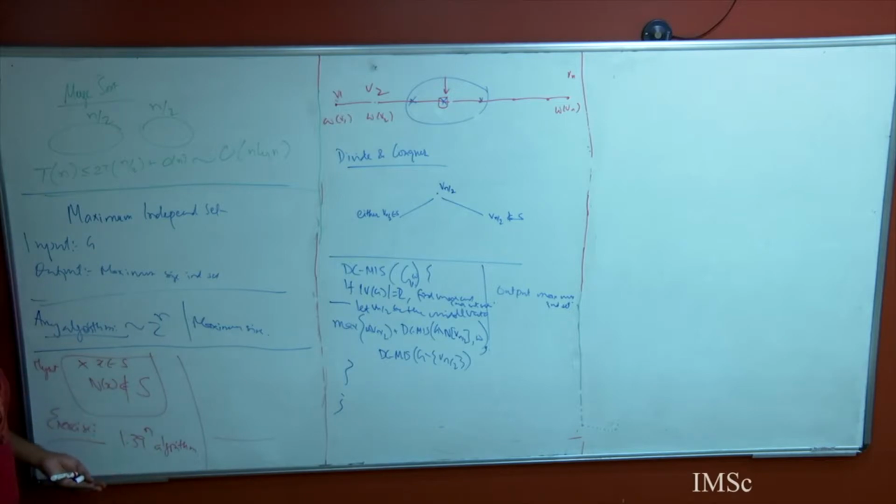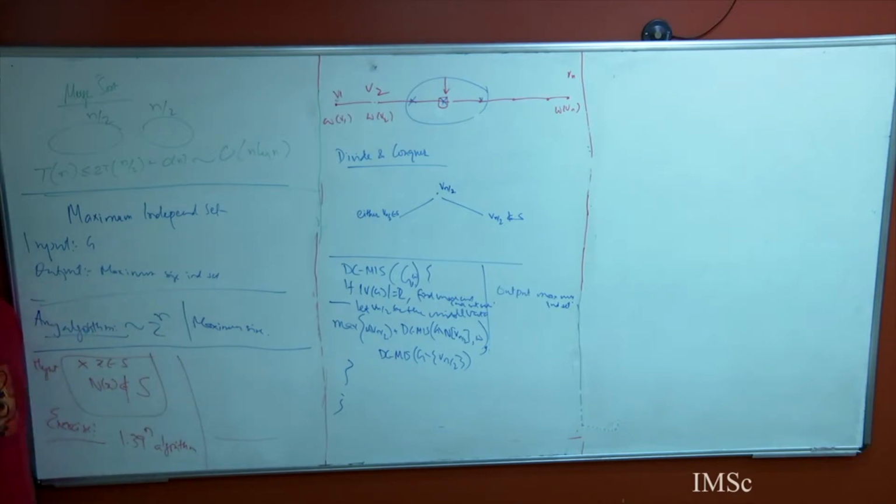What's the running time of this branching algorithm? I branched, right? What's the running time of this branching algorithm? It's the same as merge sort. Vaishali, I wrote an algorithm. All I'm asking, can you write down the recurrence for this?